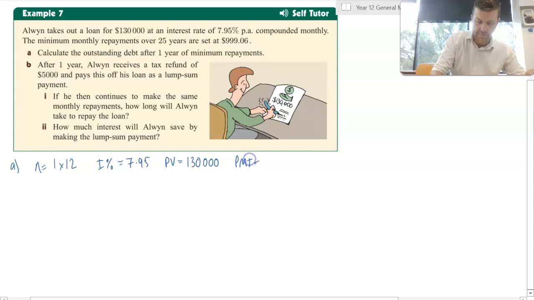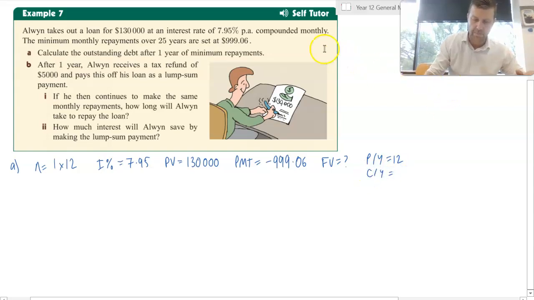PMT is given to us here, but again, PMT, because of the amount you pay, is always a negative amount, so minus $999.06. The future value is what we're actually being asked to work out here. How much does Alwyn still owe on the home loan after 1 year? PY, because we are making these payments monthly, is set as 12, and CY, because it is being compounded monthly, we are setting as 12 as well.